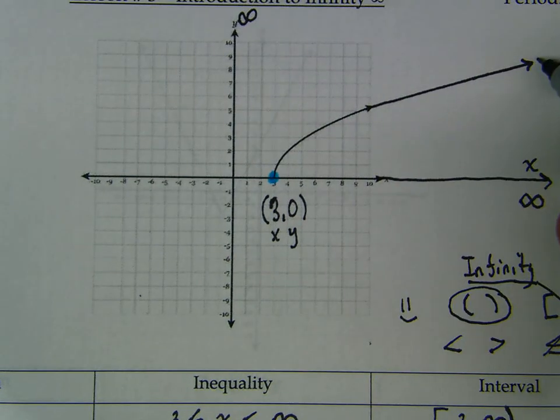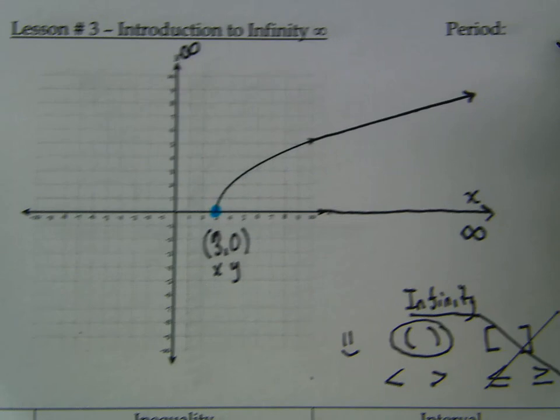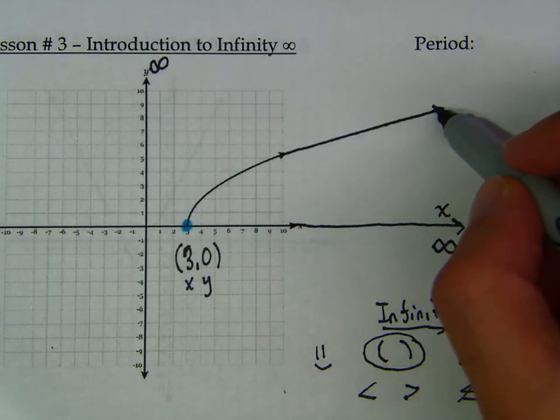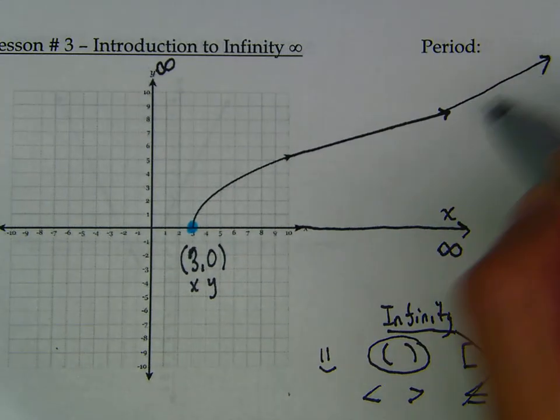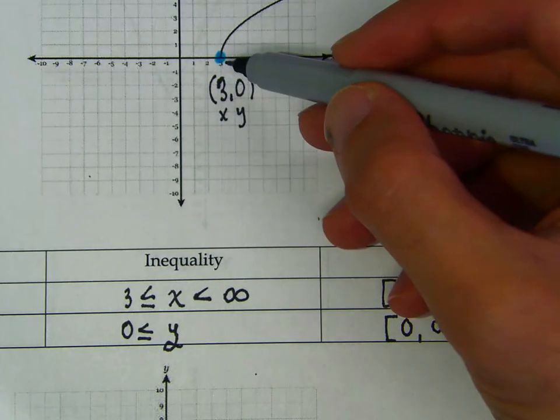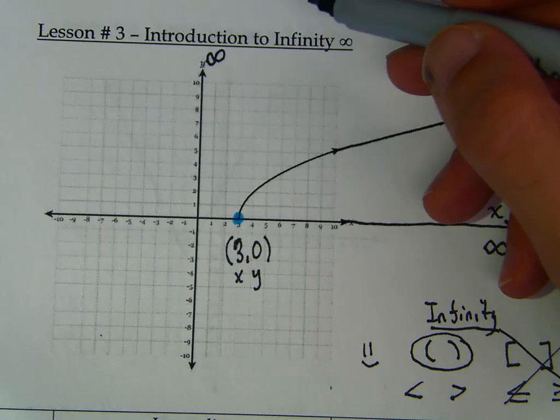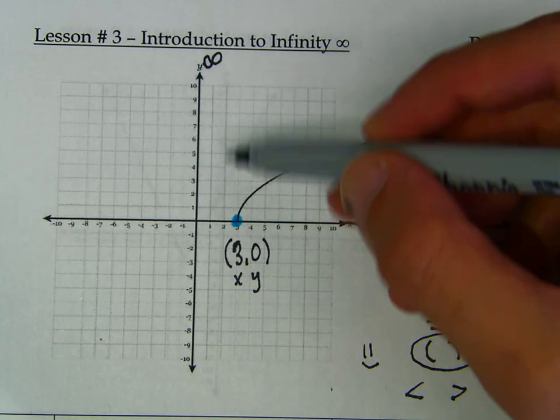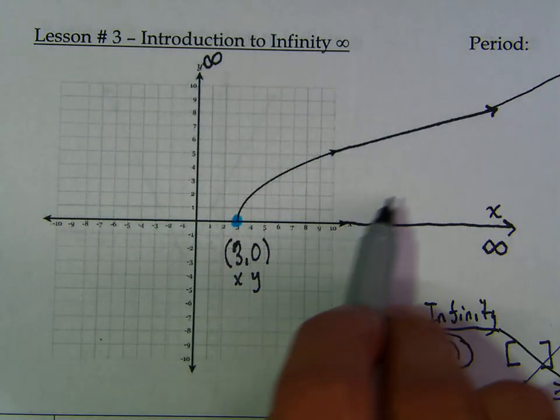And notice this pattern keeps going more and more, getting higher and higher. So we say that it goes from 0 all the way to infinity, because this graph keeps going up.